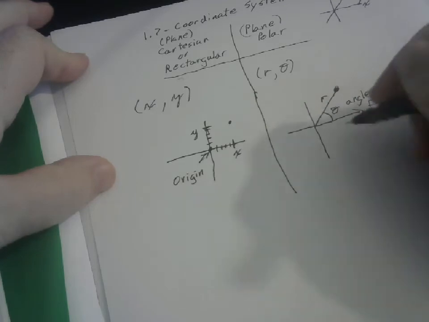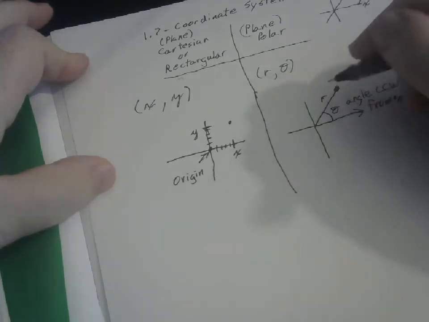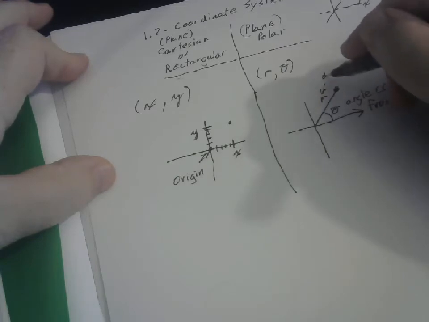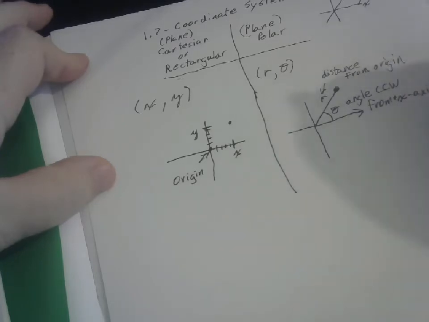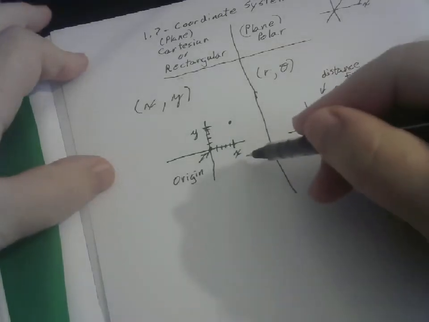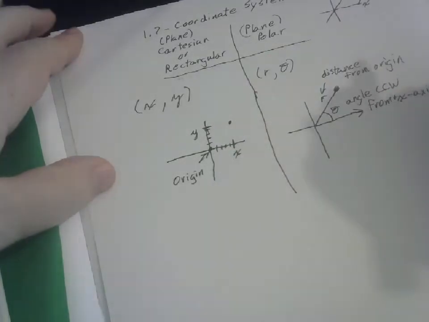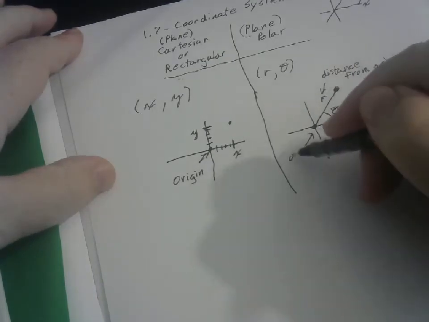So over here is the positive x-axis. r is the distance from the origin. And over here we've got x is the distance to the right of the origin, y is the distance up from the origin. So this here again is the origin.